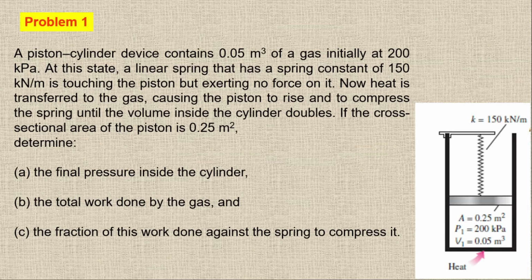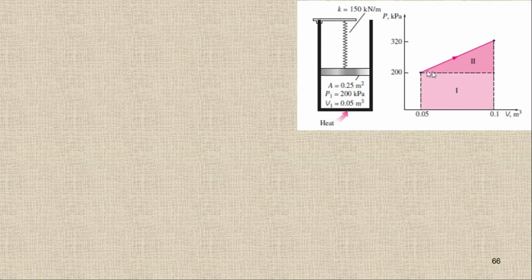So when we provide an input of heat, the piston will go up and we will get a linear relationship between pressure and volume. If I draw a PV diagram, initially we have 0.05 meter cube, this is the initial volume, and at this point we have a pressure of 200 kilopascal.